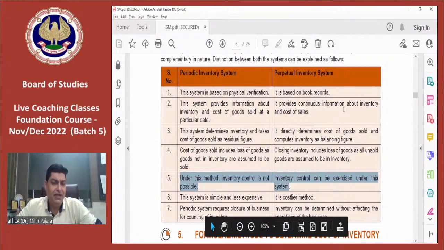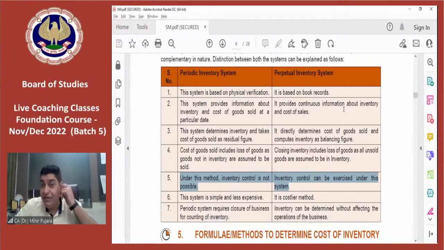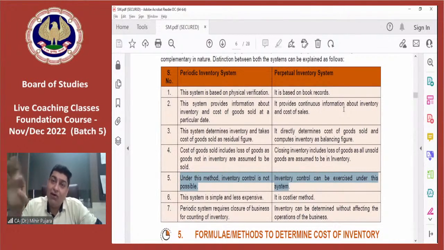Inventory control: possible and not possible. In periodic, you don't have any ledgers, books or registers. So actually, you don't know how much closing stock should lie in your godown as on 31st March 2022. You have some stock, but as you are not keeping any record, you don't know how much closing stock should be.